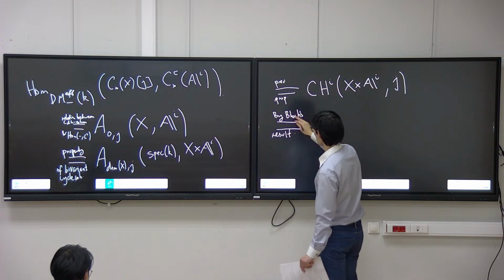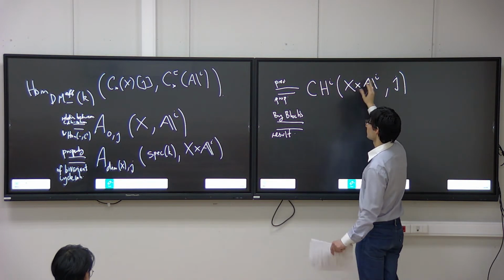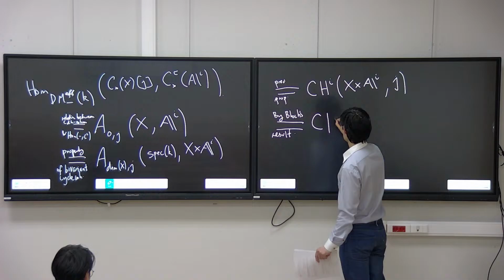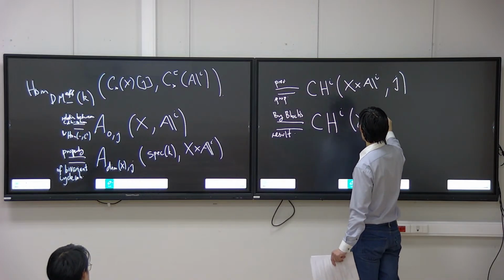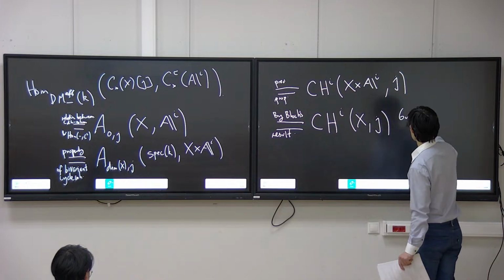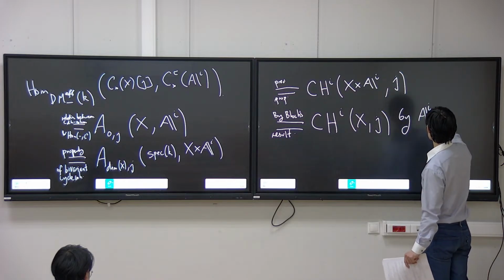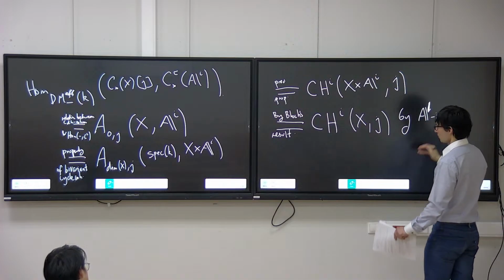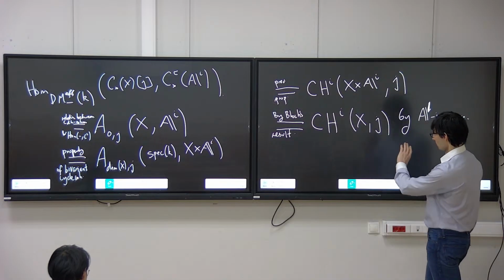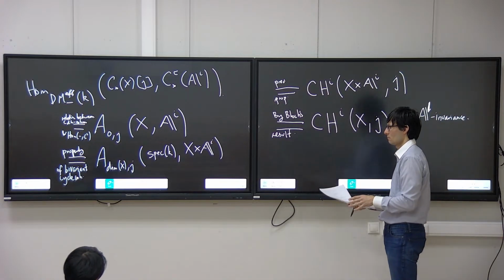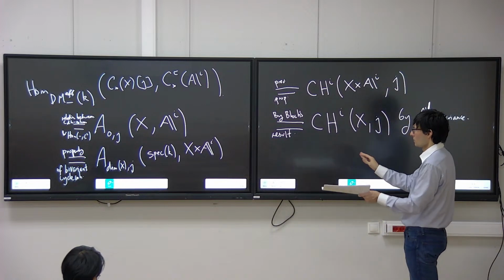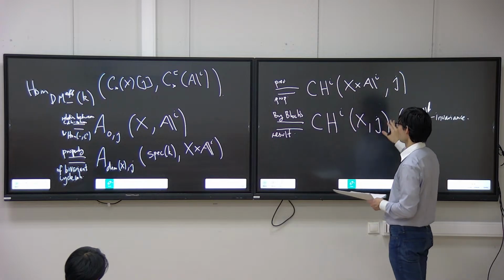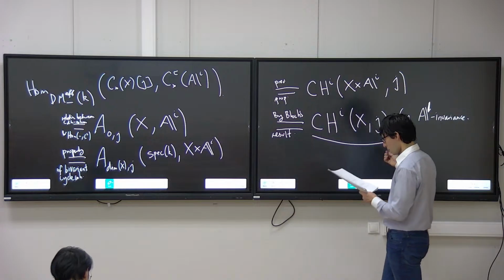In his paper, when Bloch introduced higher Chow groups, he proved that they satisfy A1 invariance. So this AI just drops out, and you get CHI X of J, by A1 invariance, which is not unexpected because in motivic cohomology, A1 is trivial. But this is in Bloch's paper. So anyway, we get the result, which is what we want.